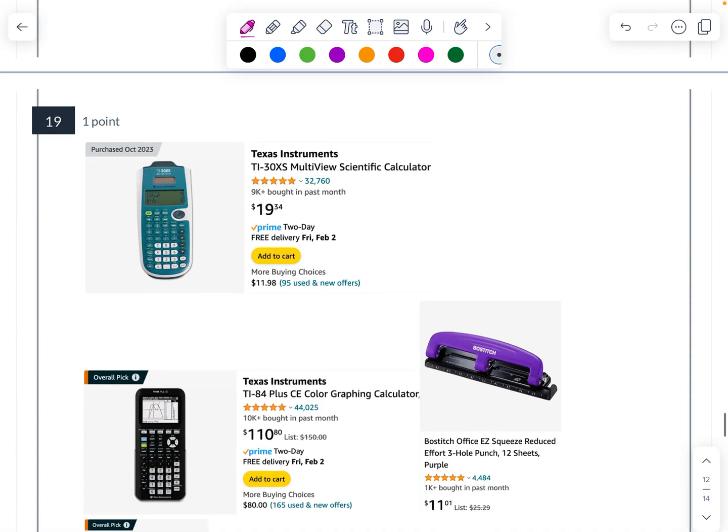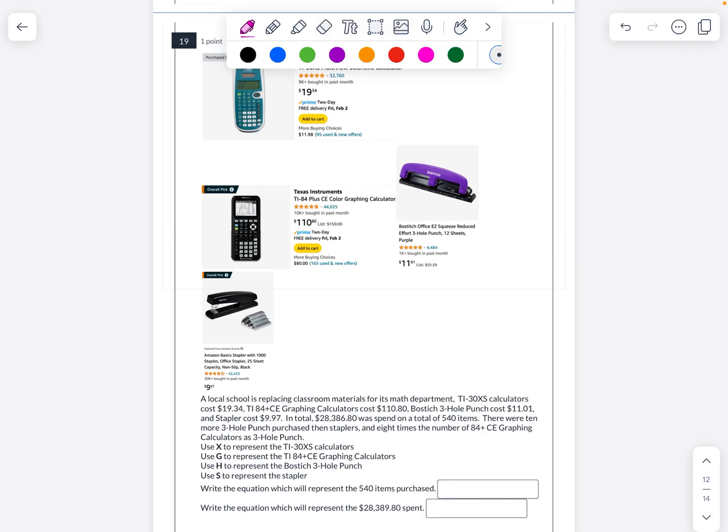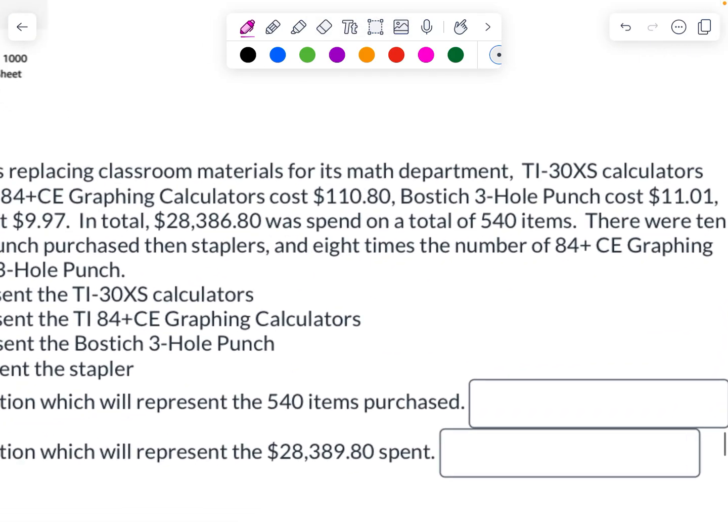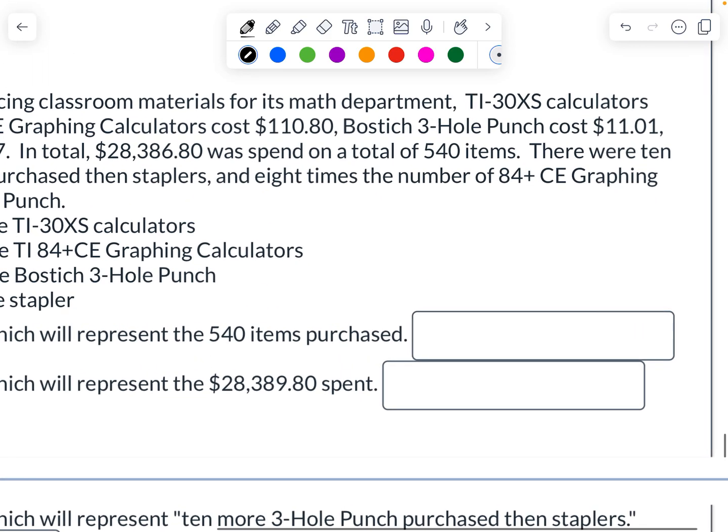All righty, number 19. Okay, that's going to be fun. Can't believe it broke it up like that. So X plus G plus H plus S equals 540.